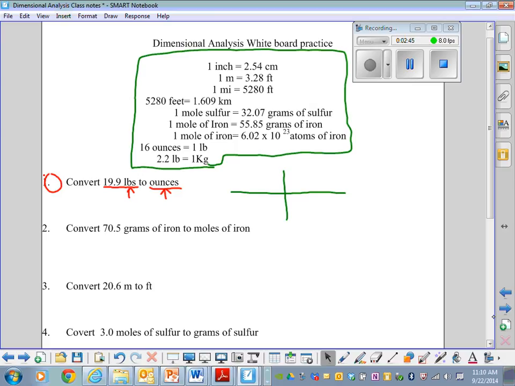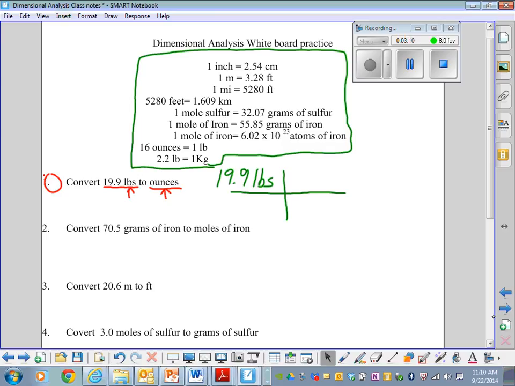I'd like you to go ahead and do that, remembering to include the unit. So the top left, 19.9 pounds.